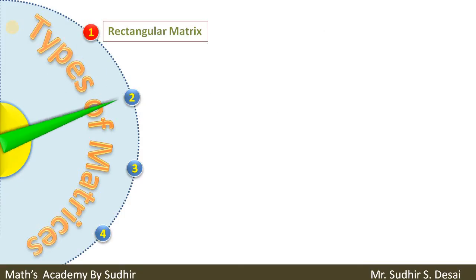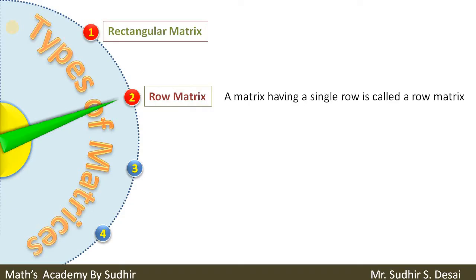Second type, row matrix. So a matrix having only single row is called as a row matrix, as the name suggests itself. So let's see the example 1. So matrix A, you can take a look. What is the order of this matrix? It is of order 1 by 3. 1 row and 3 columns.